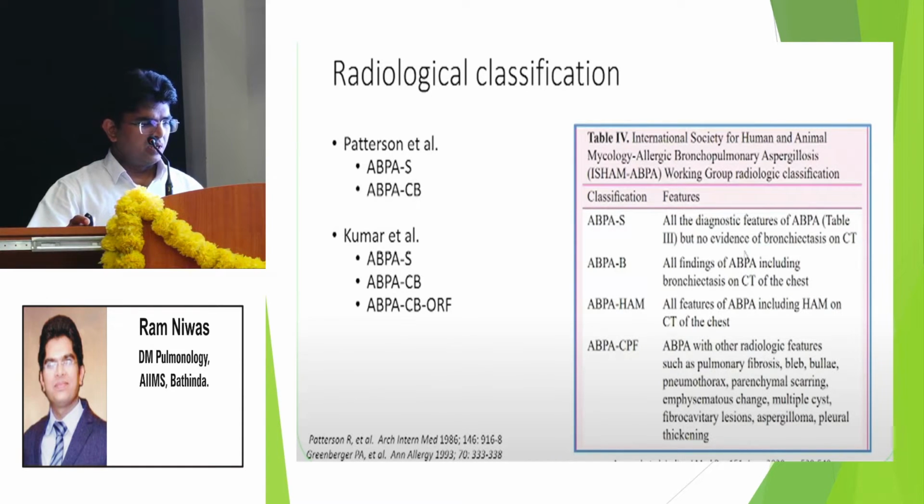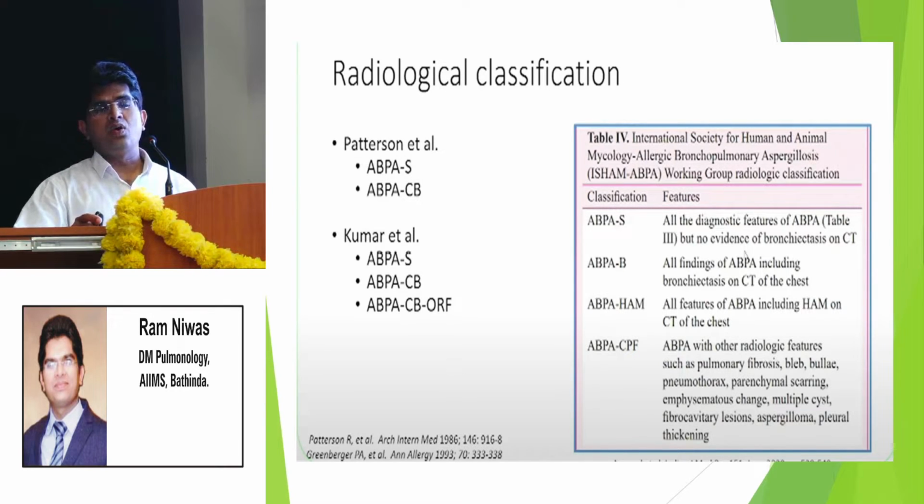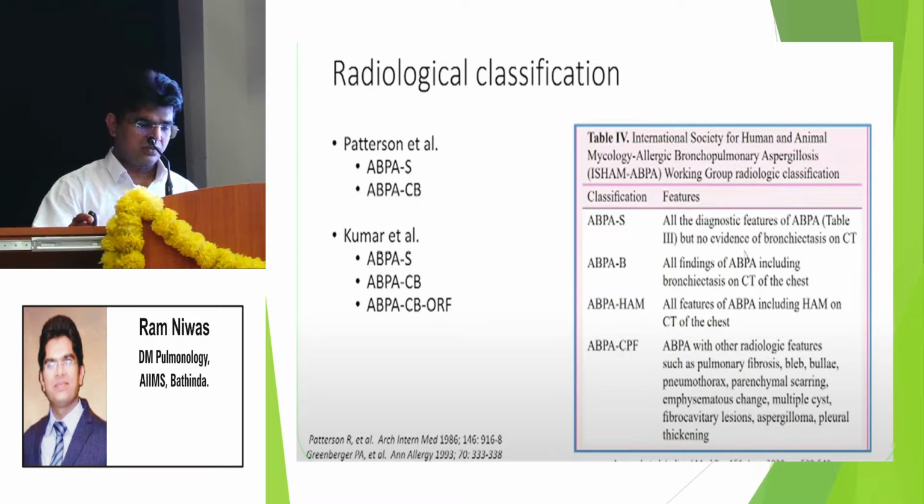Now this is the radiological classification, and the latest classification is given by the AIIMS group. They have classified into 4 groups: ABPA-S, ABPA-B, ABPA-HAM, and ABPA-CPF. If there is no radiological abnormality, then we classify as ABPA-S, that is serological ABPA.